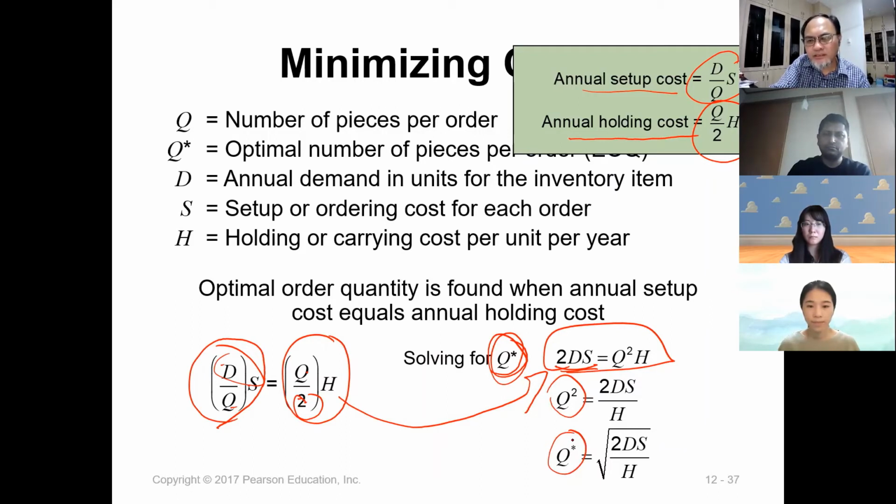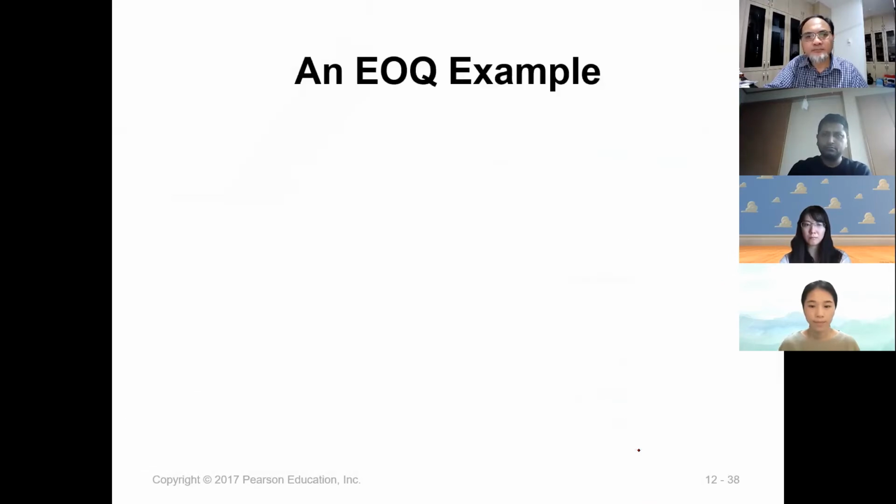You know star? Q star equals square root of 2DS divided by H. You did the homework, I know, but this is just to refresh and understand it again.